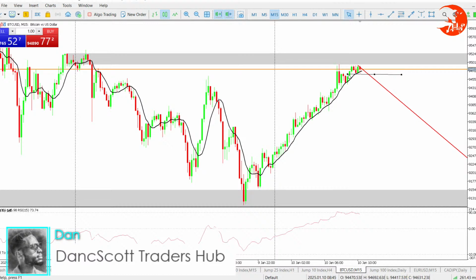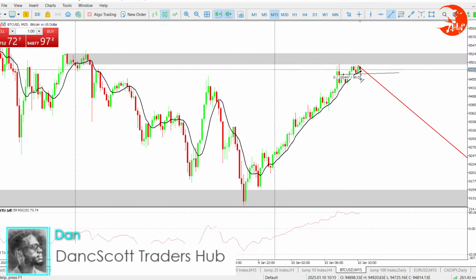You can clearly see that this will be our level that we'll be interested in. Once it is broken there, that means we have a change of character on M15, meaning we have shifted the trend according to M15.